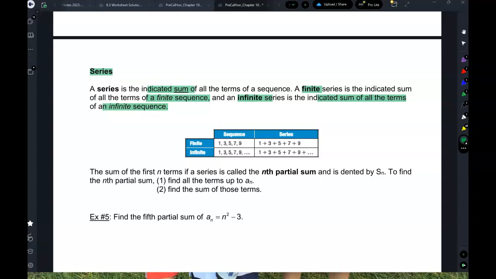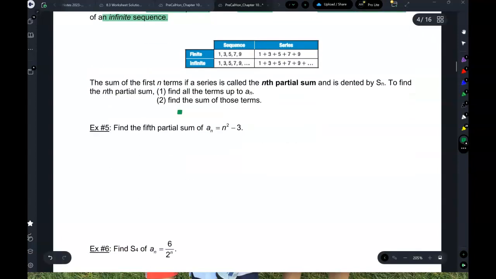And then the series has a plus, dot dot dot. Now, suppose you have a list of 1,000 numbers, or suppose you have an infinite list, and you just want to add the first 100. That still becomes a finite list or a finite series.